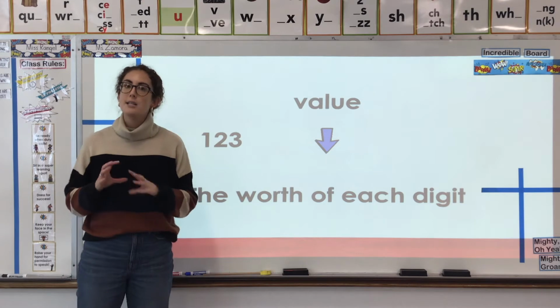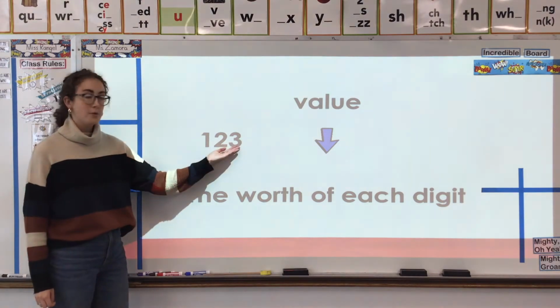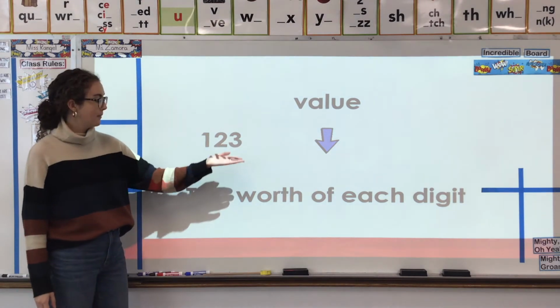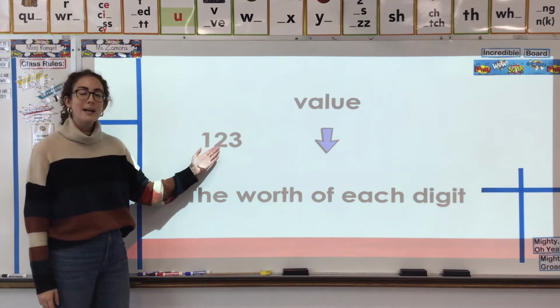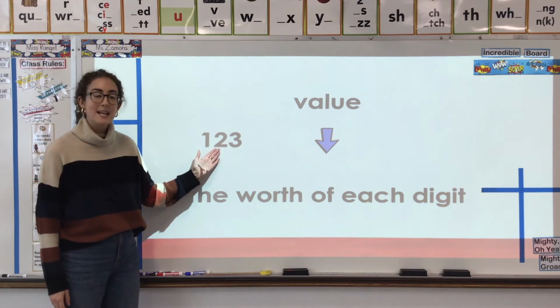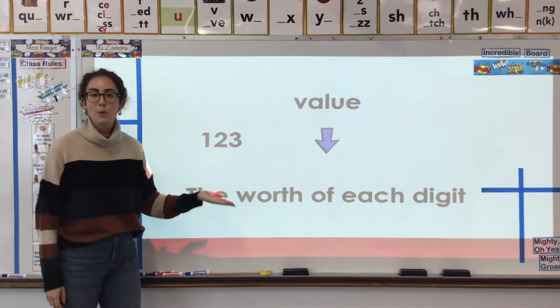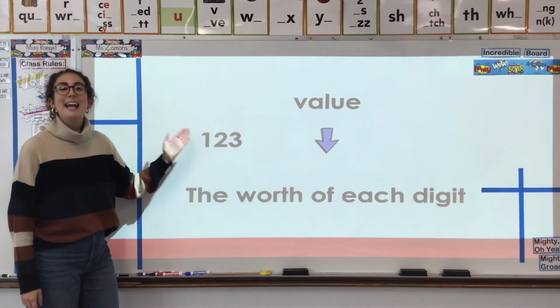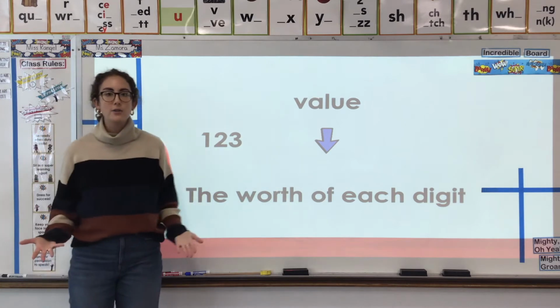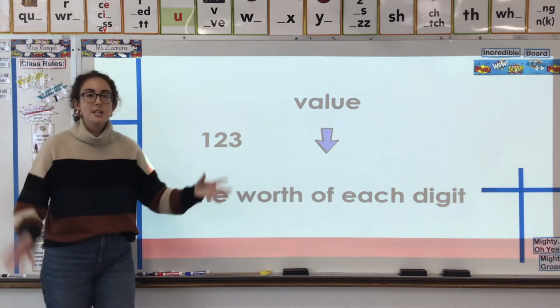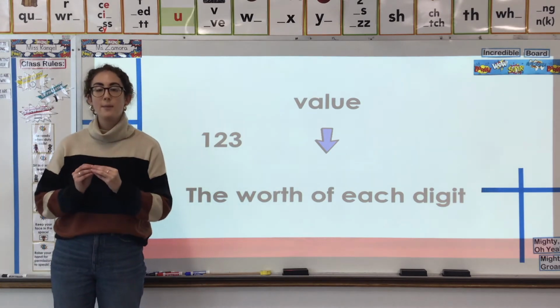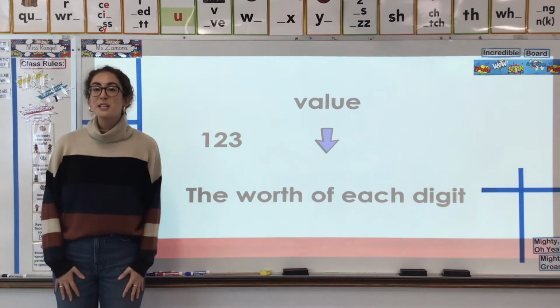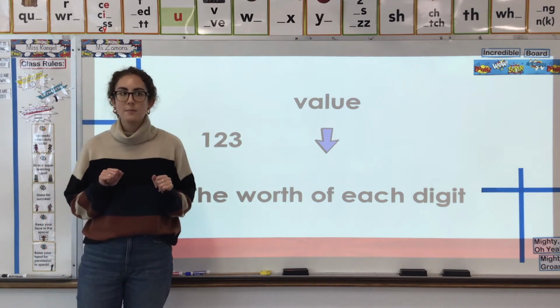It's worth a different amount. This 3 is worth 3, but the digit 2 is actually worth 20. It holds the value of 20. And the 1 is worth 100. Its value is 100. So the digits are holding value within them. They represent usually something bigger than themselves.